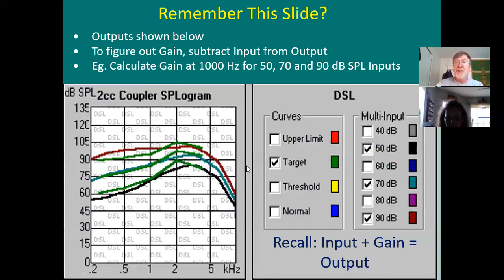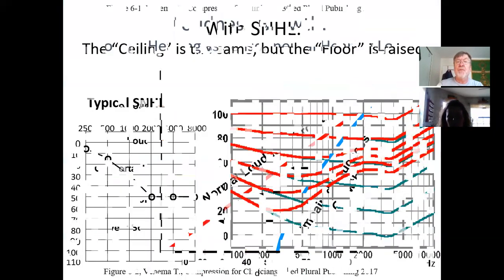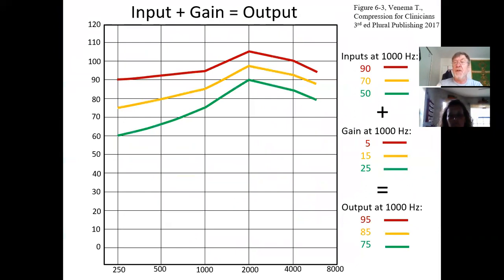All right, so essentially, that's what we're trying to describe on this slide, okay? So look at the output in purple or reddish right here. Inputs at 90, input at 70, input of 50. You're looking at 1,000 hertz. 50, 70, and 90 dB SPL inputs plus gain equals output.